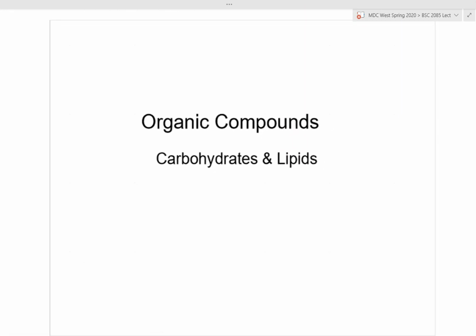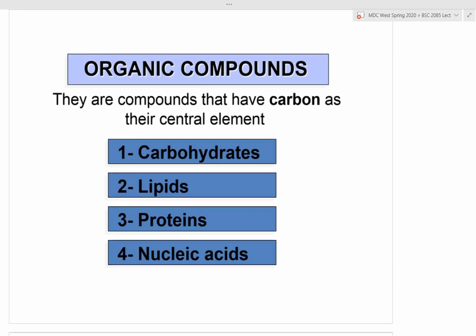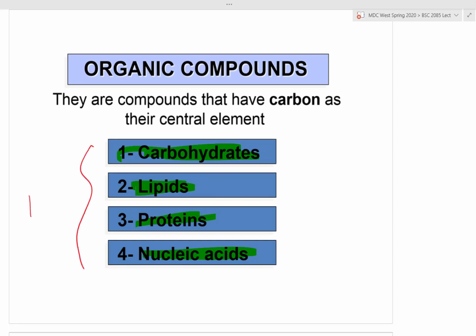Organic compounds. So organic compounds, for example, carbohydrates and lipids. What are organic compounds, right? You have carbohydrates, you got lipids, you got proteins, and you got, of course, nucleic acids. Where do you find carbohydrates? Which foods? You find all this in the food. Bread, rice, pasta, cereal, right?